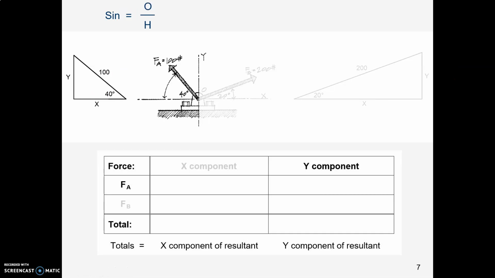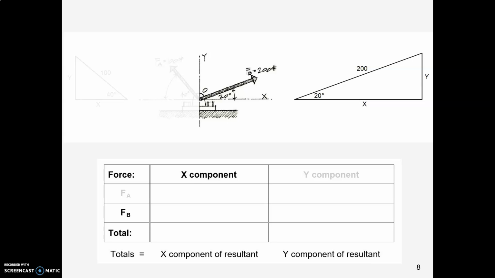Sine is opposite over hypotenuse. And again, we can rearrange the terms. We'll multiply both sides by h, so we have h sine equals opposite. H is 100 in this problem. The angle is 40 in this problem. So 100 sine 40 will give us the Y component.